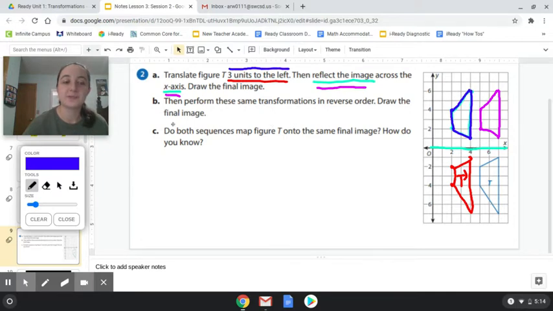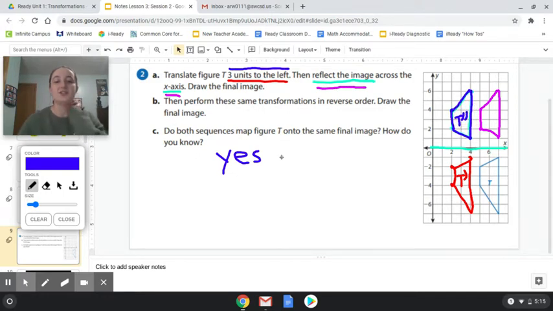So we did part B, and then it says, do both sequences map figure T onto the same final image? And we say yes, and we know because we just practiced both of them to the side over there. So both of them ended with this image here. So this would be our T double prime for both, if we did it the regular way or the reverse way.